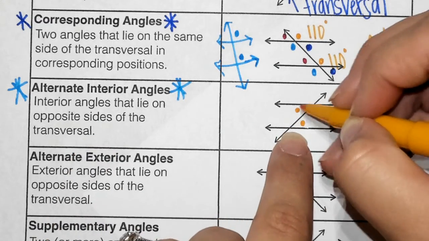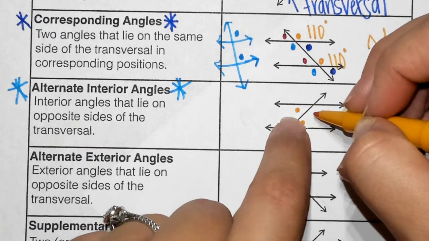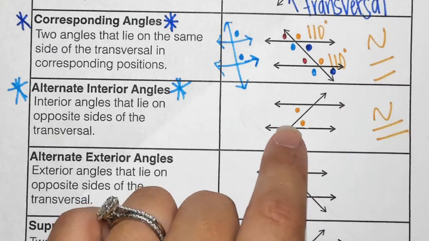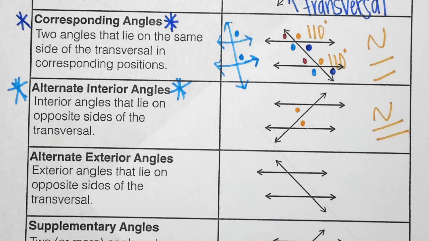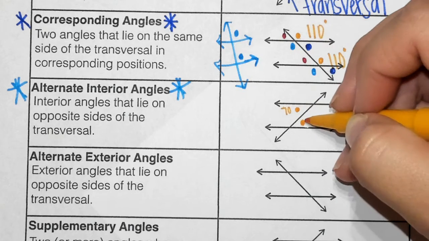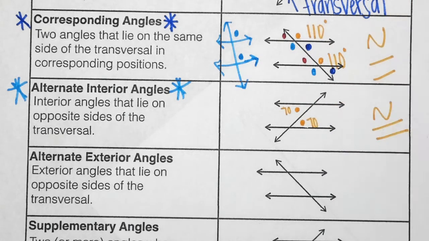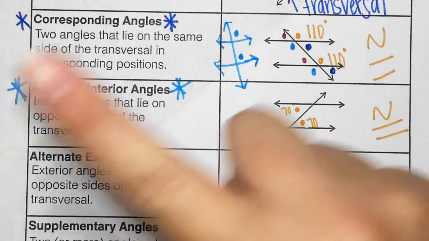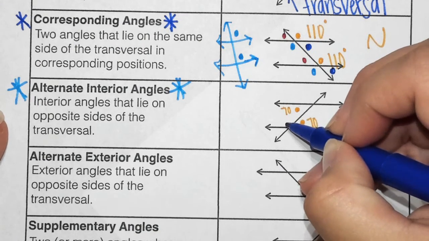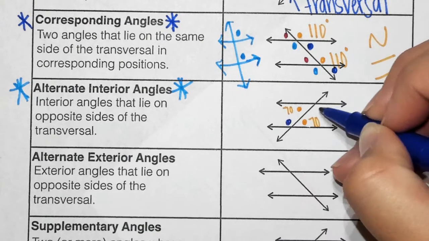So now these two angles are on the inside of the parallel lines, but they're on opposite sides of the transversals. So if this angle is 70 degrees, guess what this angle is? Good. There's only one other pair of alternate interior in this example, and this one goes with this one.